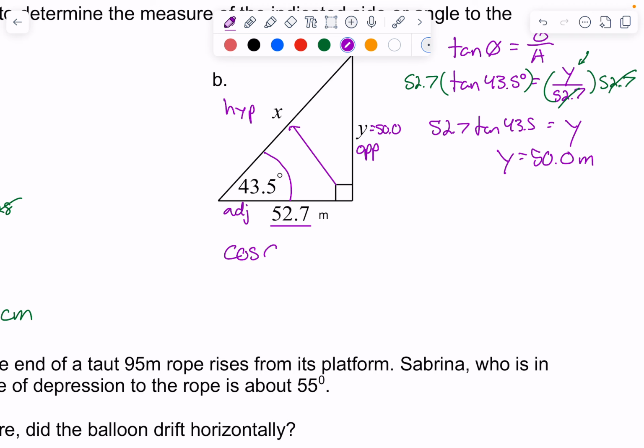Cosine theta is measuring my adjacent over my hypotenuse. So cosine of 43.5 degrees is 52.7 meters, the one that was given to me, divided by my unknown, in this case this x we were looking for.